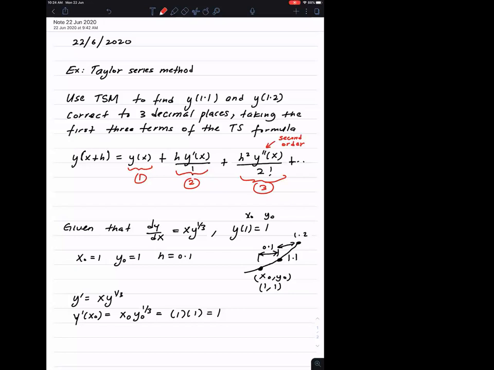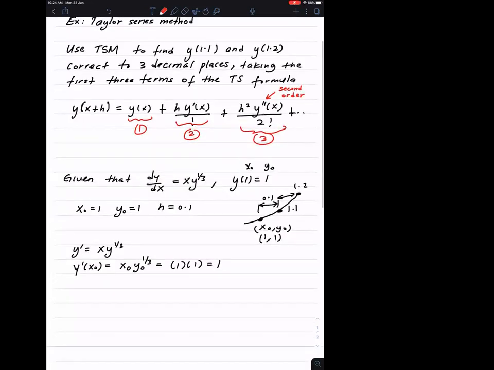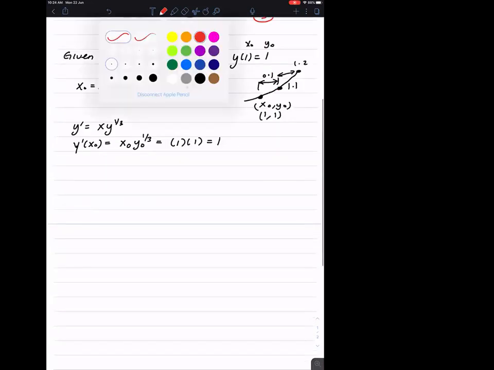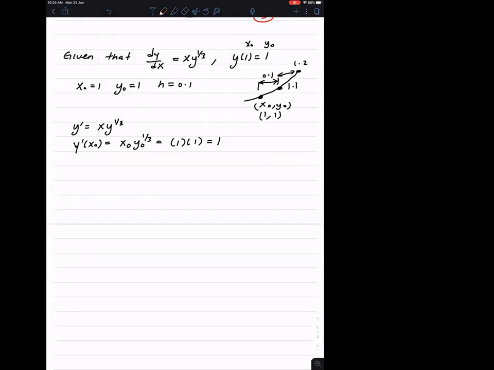So that means you have to find the second order. So take the derivative again, y double prime, because the formula needs it. y prime is given, so you have to take the derivative again.